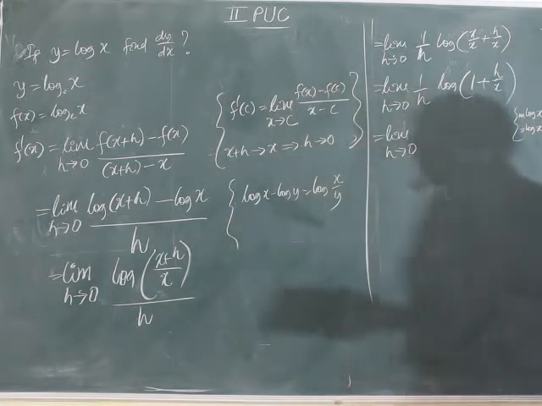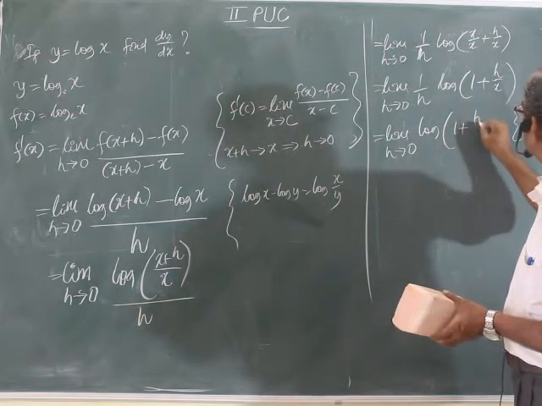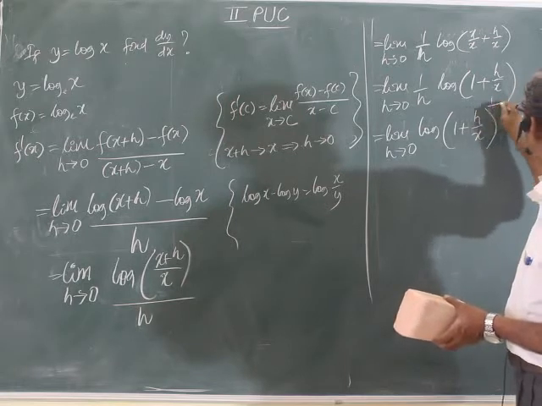Just to see the properties already written there. So I can write this one as log of 1 plus h by x to the power 1 by h.